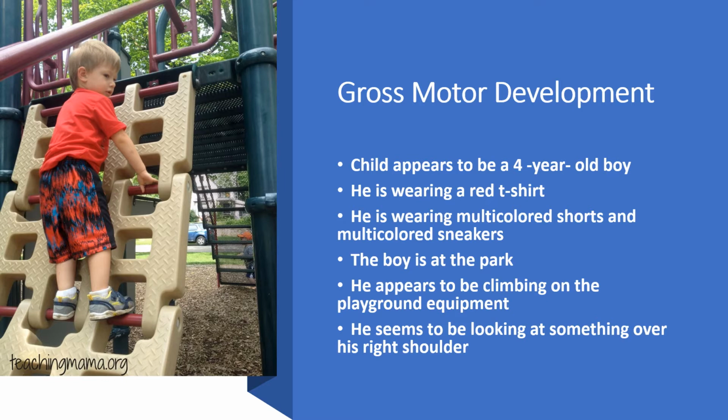The child also appears to be looking over at something to the right of him. If we want to use our imagination, maybe he's looking at other children at the park, or he could possibly be taking the direction of an adult that is at the park with him.